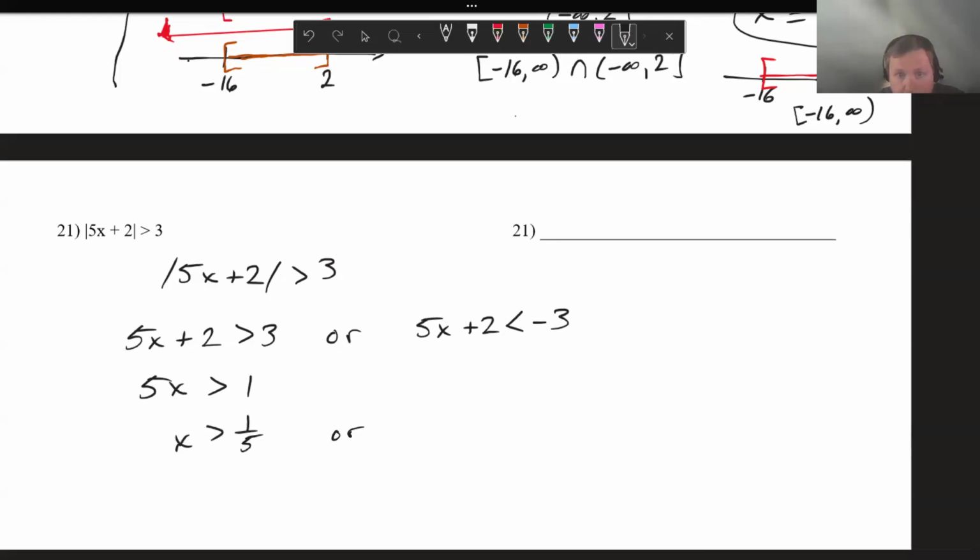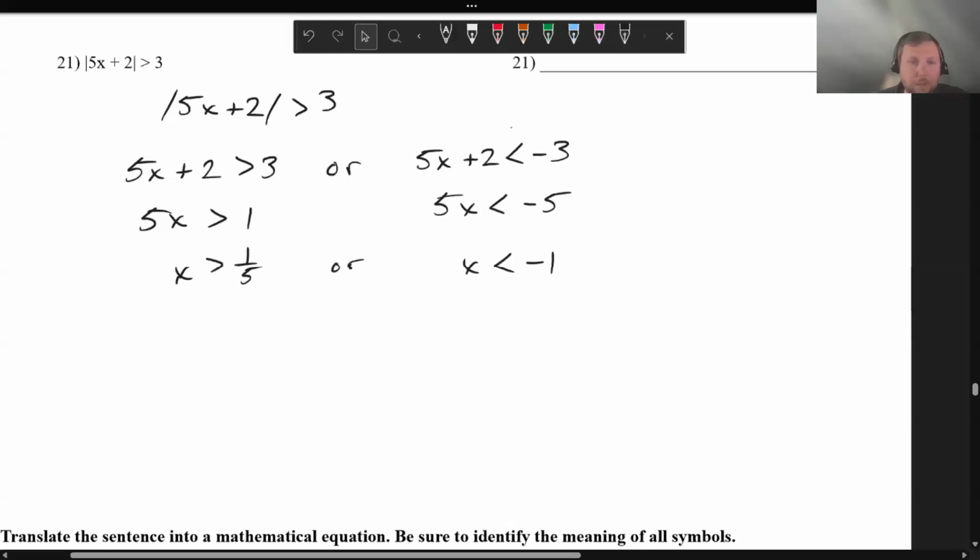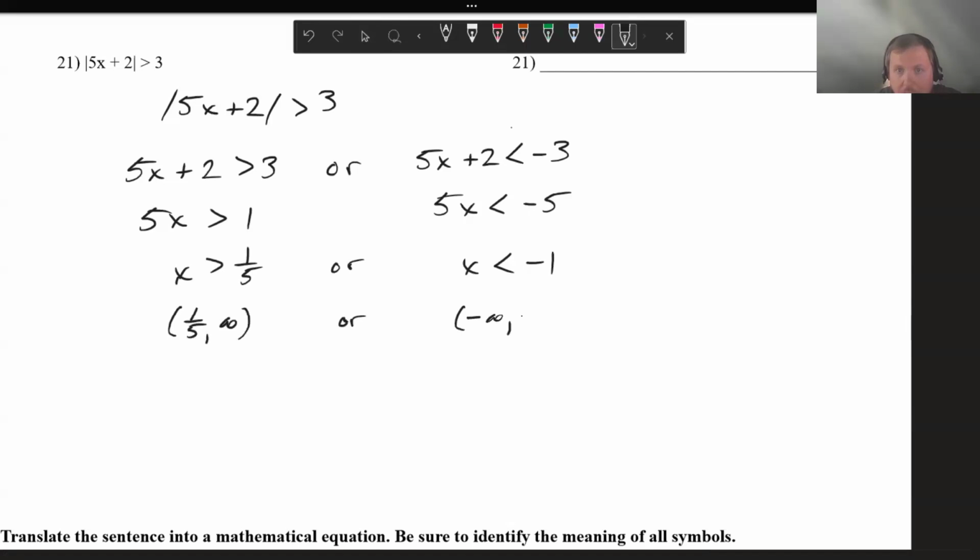Or 5x is less than negative 5, so x is less than negative 1. Now to figure out how these go together: if x is greater than 1/5, you can think of that as 1/5 to positive infinity, or if x is less than negative 1, that's going to be negative infinity up to negative 1.